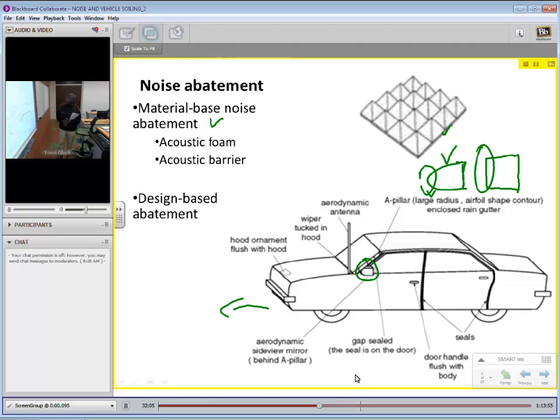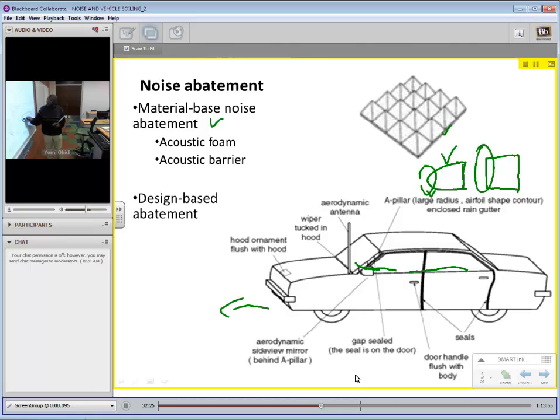So have an aerodynamic side view mirror, and have the side view mirror behind the A-pillar, not before the A-pillar, but behind the A-pillar, because when the wind coming from the A-pillar will go, and if it hits the mirror, it just follows a continuous path.